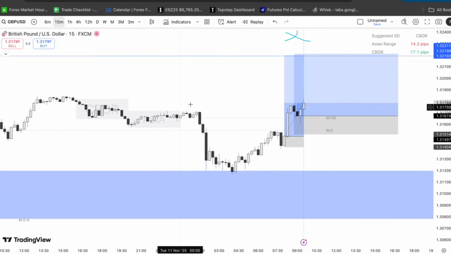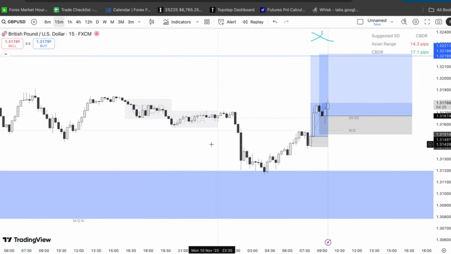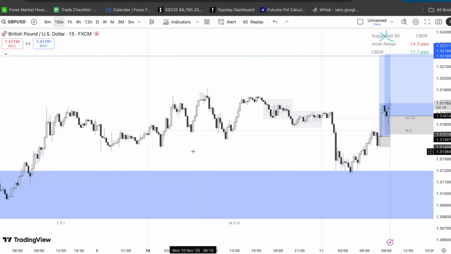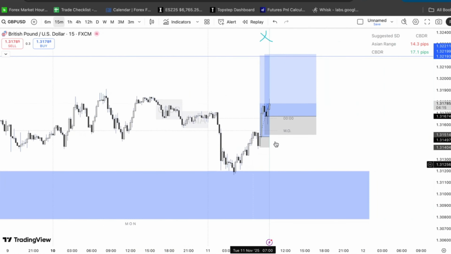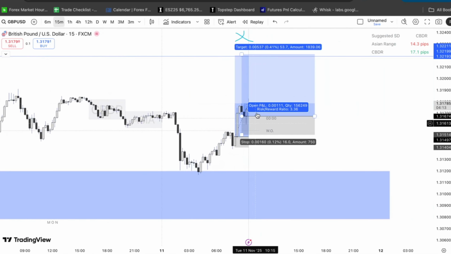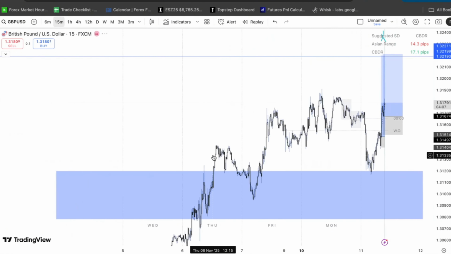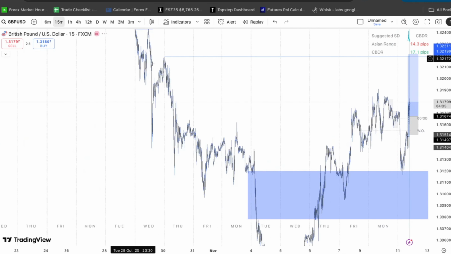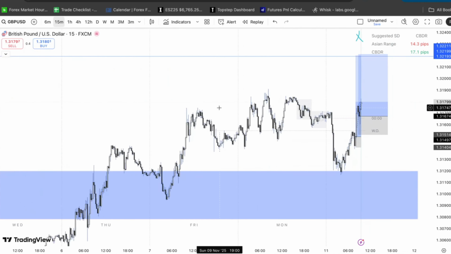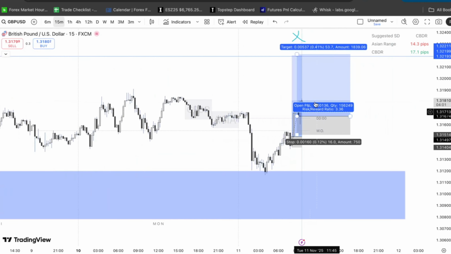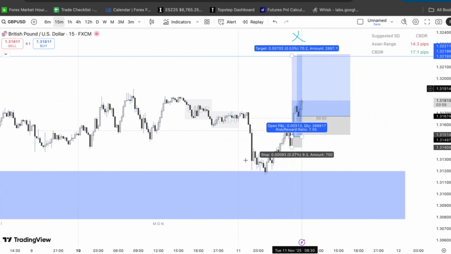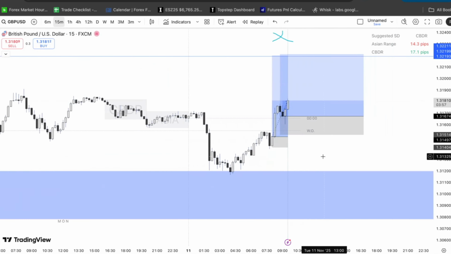As you can see, inside of London, we manipulated the market and we took out Asian lows, and we also took out Monday lows. What we can then do is understand that anything below this midnight opening price line is at a discount for the day. We then have a clear objective over here, which is our 15-minute high. And as you can see, we have started to print bullish on New York open.